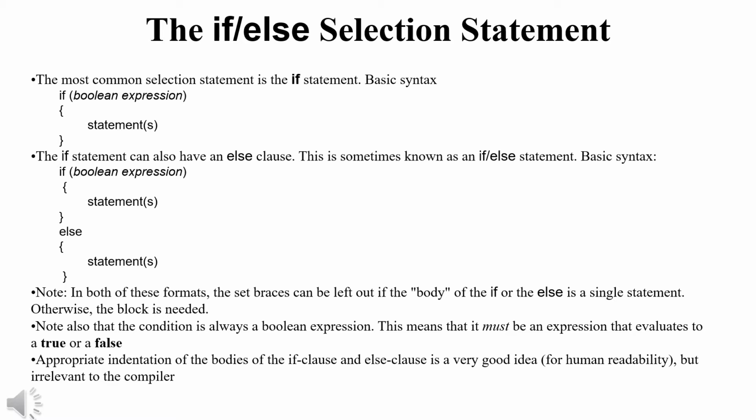You can just ignore them and write the statement. The other point is that indentation for these statements is good for making the code more readable, but it doesn't affect compiling at all.